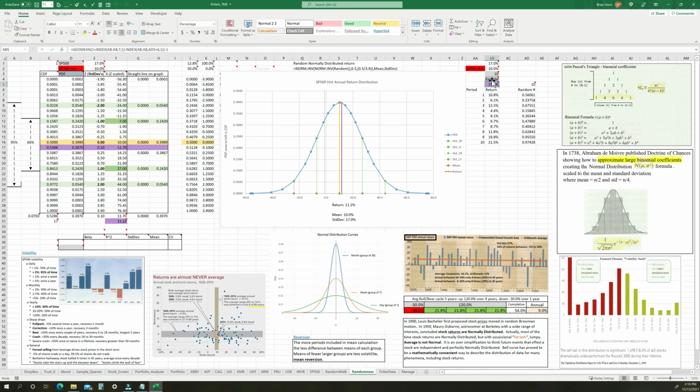As you recall, as we were hitting the execute button up here, the randomly generated returns concentrated around the mean of the distribution. But here we show typical returns year to year in the stock market, and they vary widely from the mean, occasionally extremely negative. So the expression in the stock market is that average is not normal.